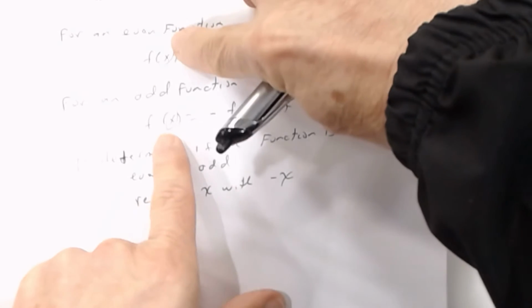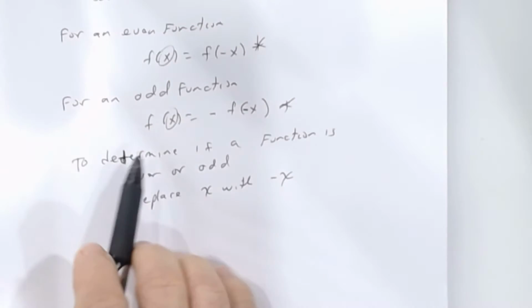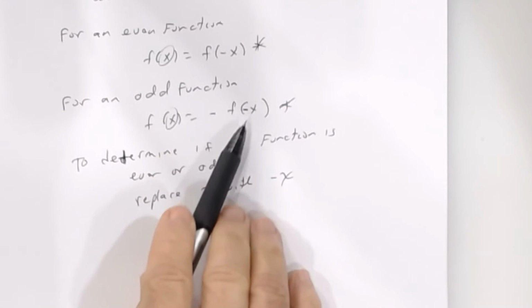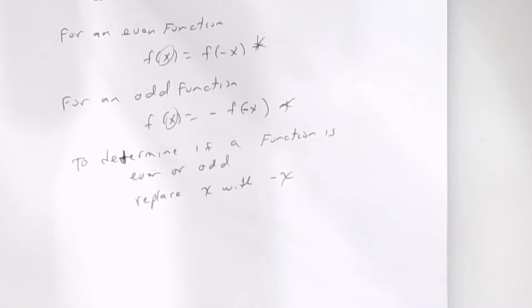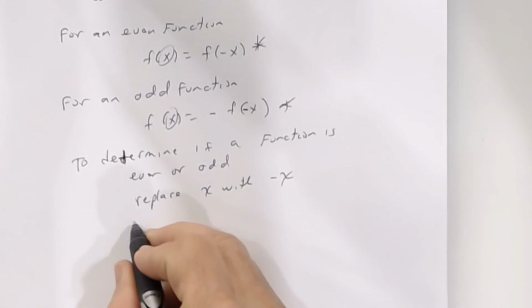See, in both cases, you see an x, and what else do you see? A negative x. So go back to your original function, where we see the variable x, and replace it with what? Negative x. And then compare the result.